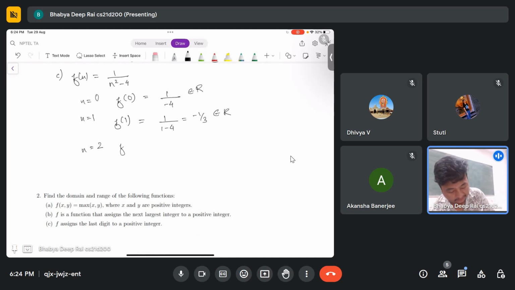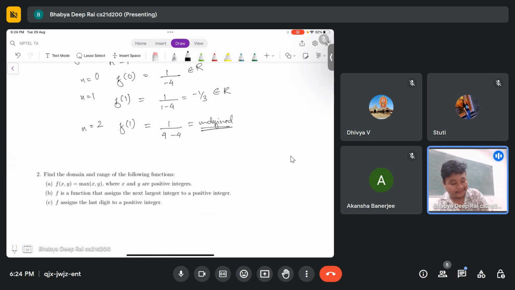Now what do we have? f of 2 is equal to 1 by n square minus 4, where n square is 4, minus 4, which is undefined. Which is infinity, and infinity is not exactly a real number. This is undefined. We cannot tell anything about it.